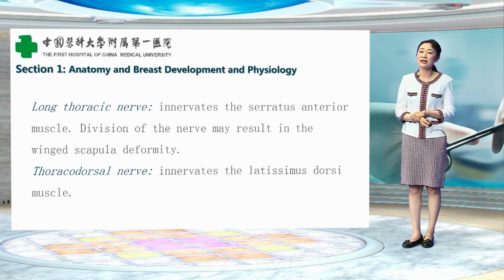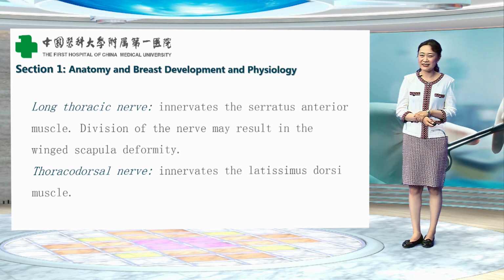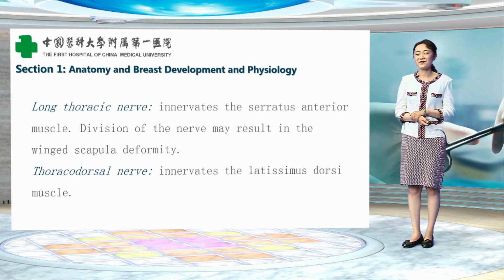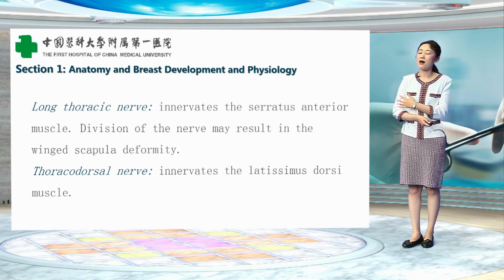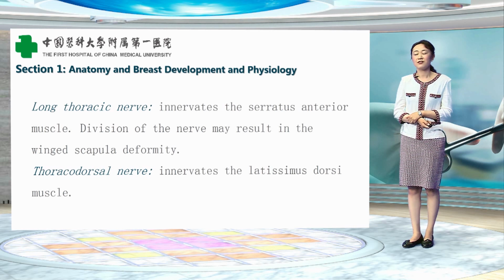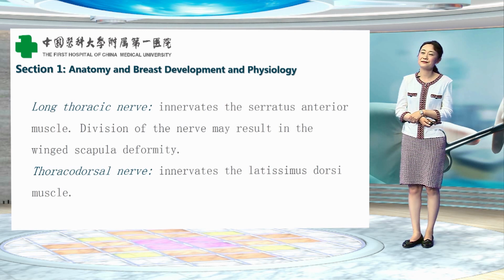There are also a lot of sensory nerves, in charge of the feeling of the chest wall and the upper limb, and division of the sensory nerves will cause numbness of this area.